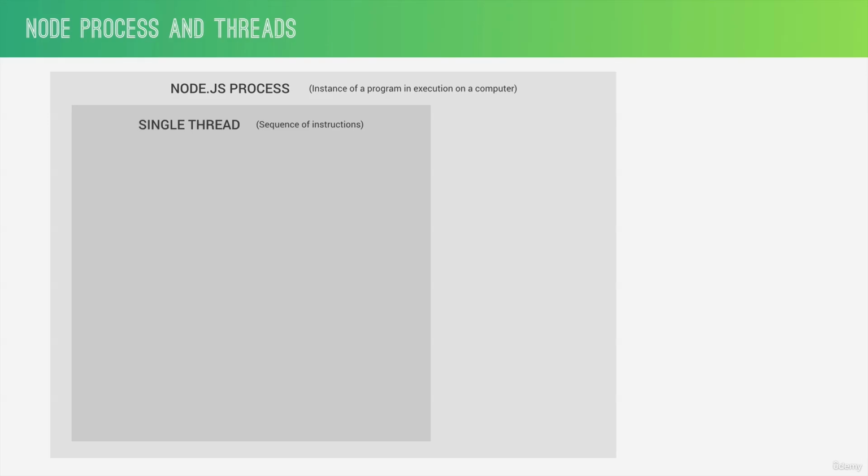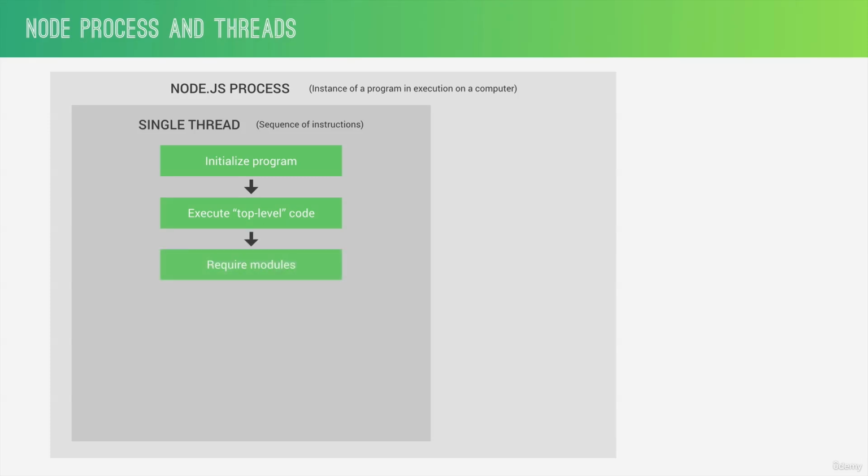Moving on, let's now quickly understand exactly what happens in a single thread when you start your Node application. When the program is initialized, all the top-level code is executed, which means all the code that is not inside any callback function, okay? Also, all the modules that your app needs are required, and all the callbacks are registered, just like the ones that we used for our HTTP server in the Node Farm app.